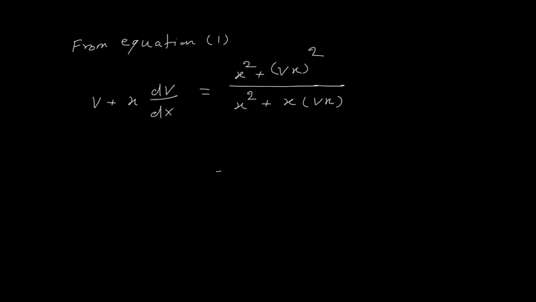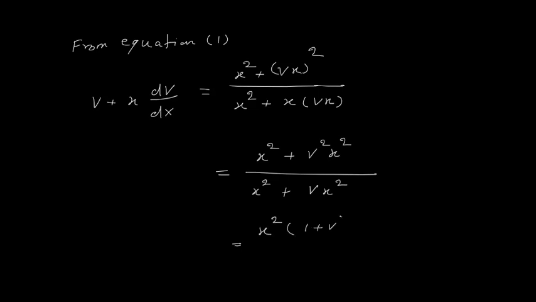So I have x square plus v square x square upon x square plus vx square. Now x square we can take common in the numerator, so I have 1 plus v square, and x square common in the denominator, so it is 1 plus v, and on the left hand side we have v plus x into dv upon dx.